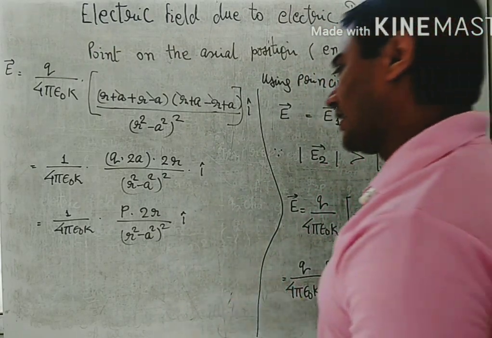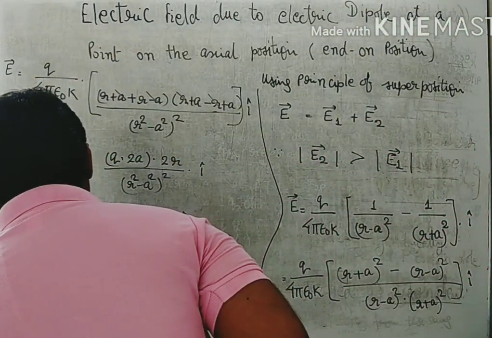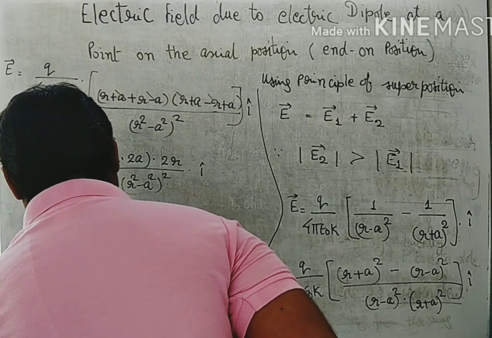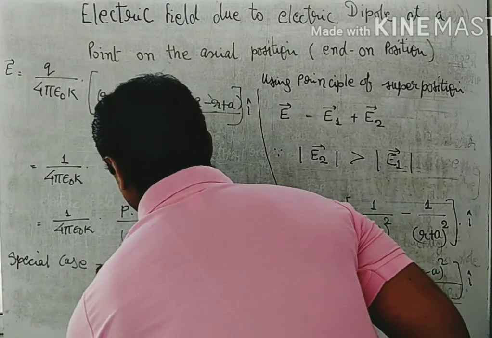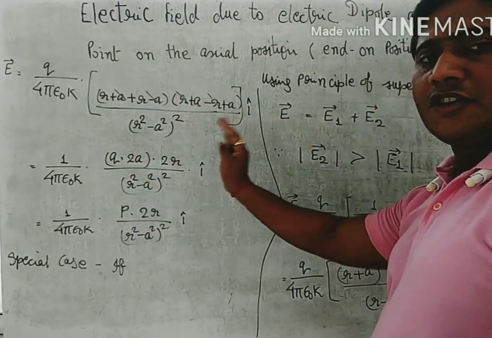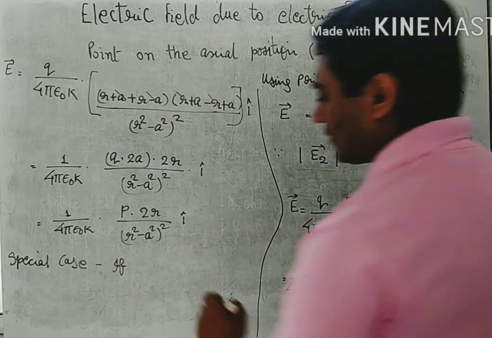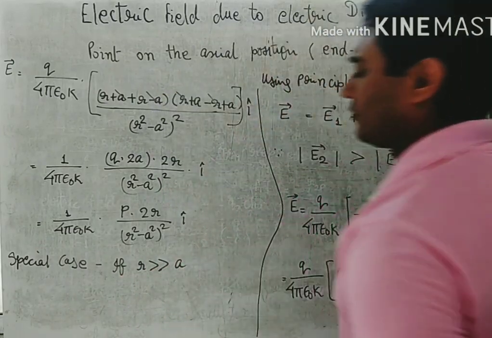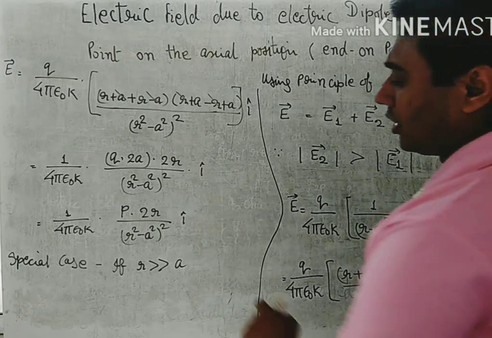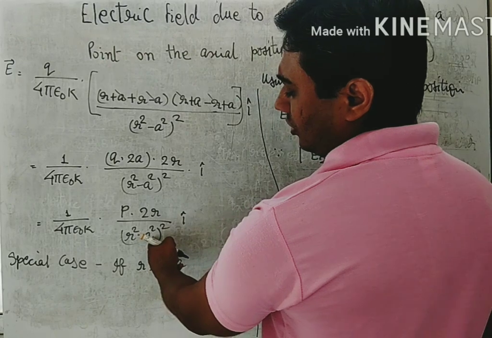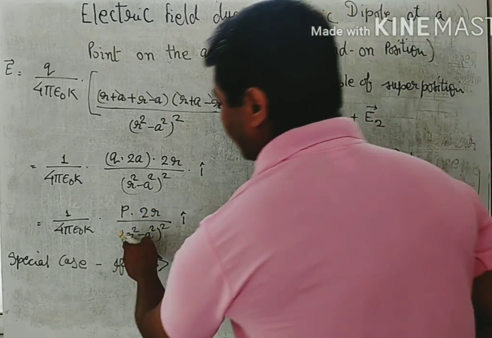Now for the special case, if the test point is taken at a very far off distance, then r will be much greater than the half length of the dipole. Under that special case we can neglect this a square because it will be quite smaller than r square.